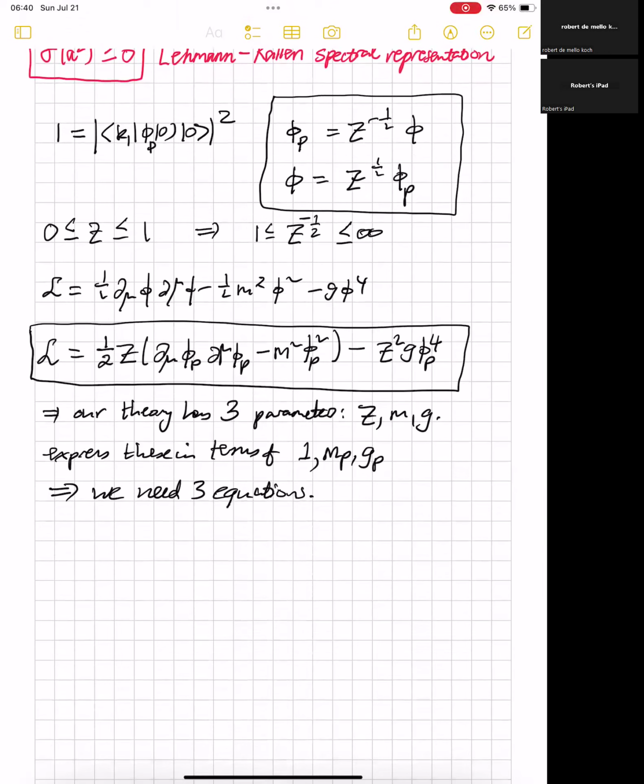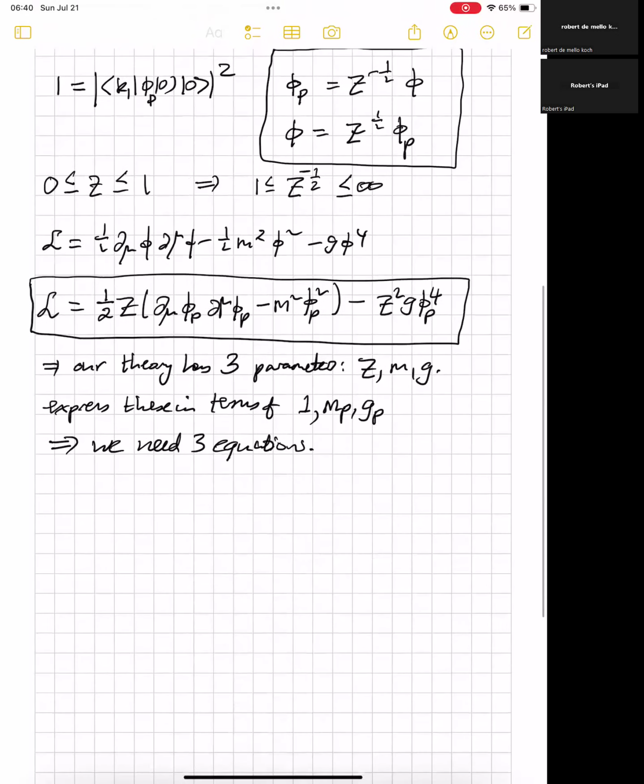We can solve them and express Z, m, and g in terms of 1, m P, and g P. Okay, so let me tell you what those equations are. Now these are often called renormalization conditions. I'm going to call them matching conditions because they allow us to match our theory to nature.